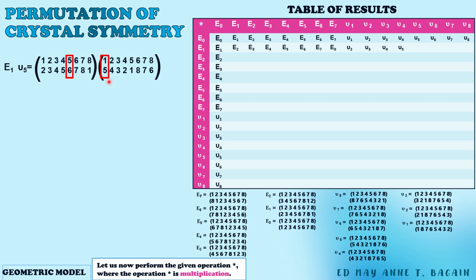The new one can be seen at the 5, and the 5 has the number 6. So 6. And then the 2 can be seen at 4, and the 4 is 5. Then 3 is 4. So 6, 5, 4, 3, 2, 1, 8, 7.